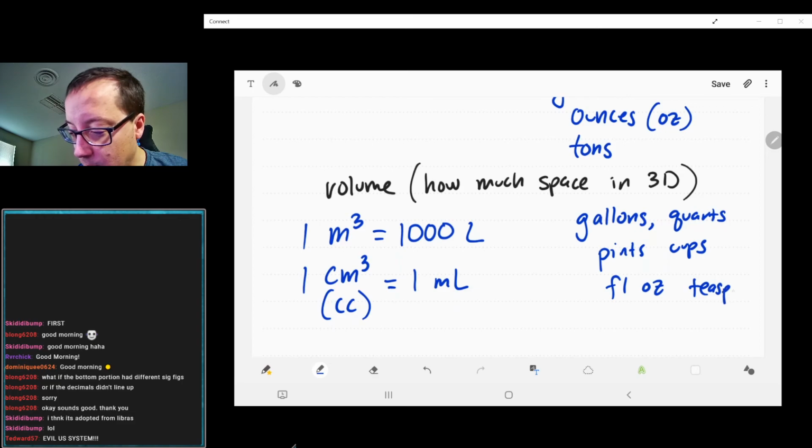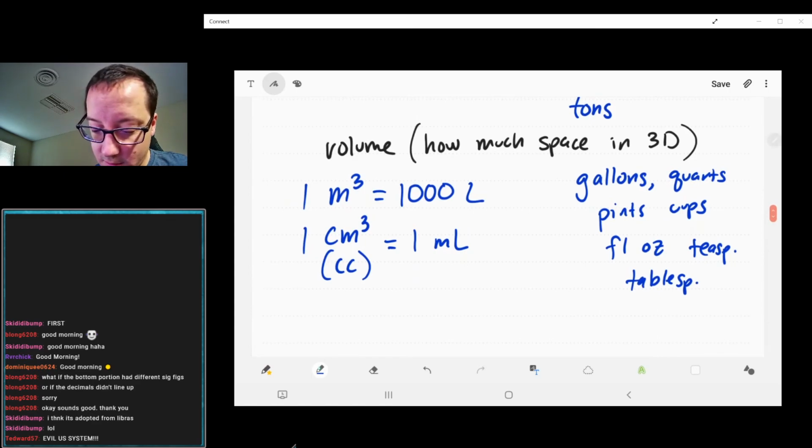Teaspoons, tablespoons, all these horrible random units that we're probably more familiar with from cooking than anything else, because we often use volumetric measurements there. So those are units you might be associating with volume.